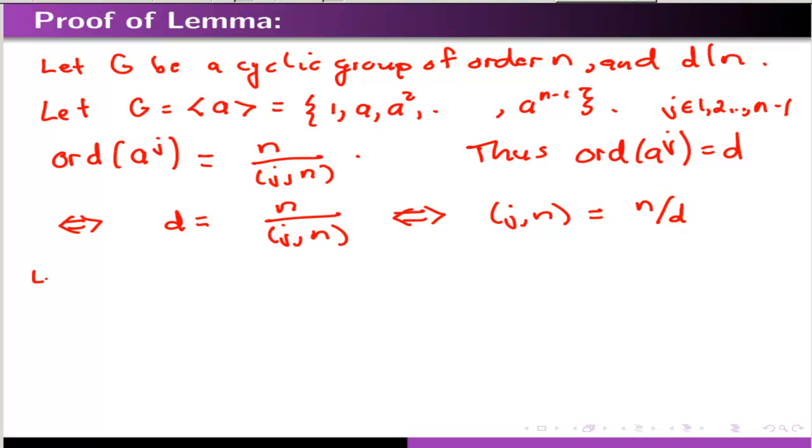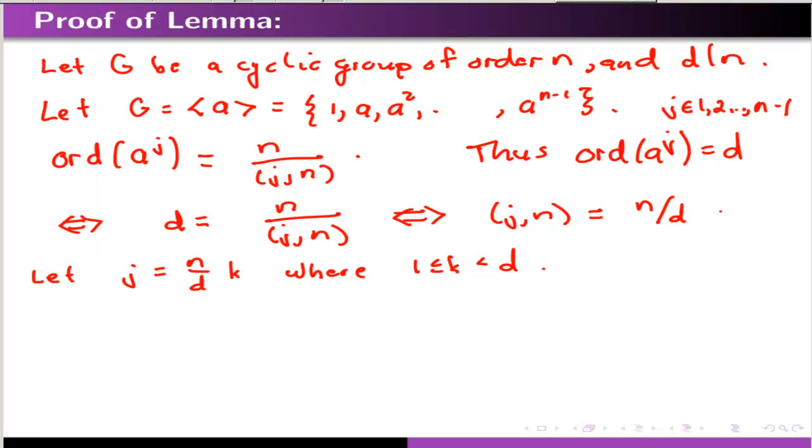So let's let j be n over d times k, where k is going to run from 1 to d, because j has to be less than n, so k will be at most d.